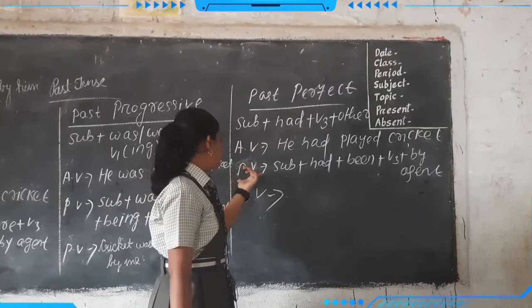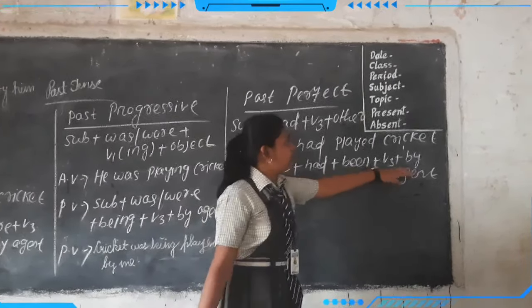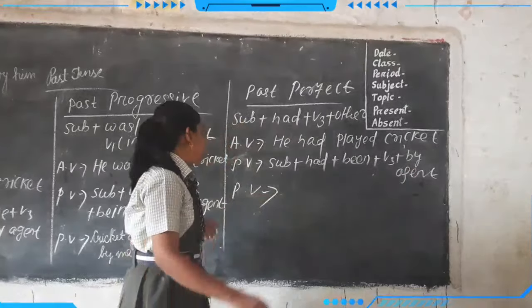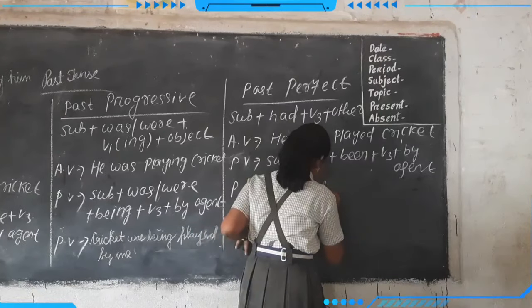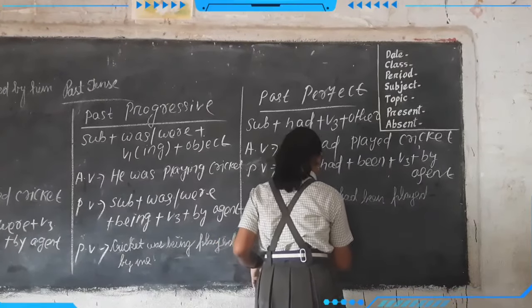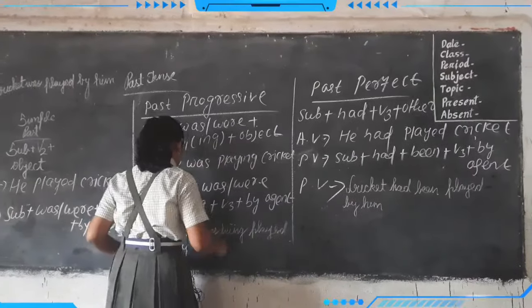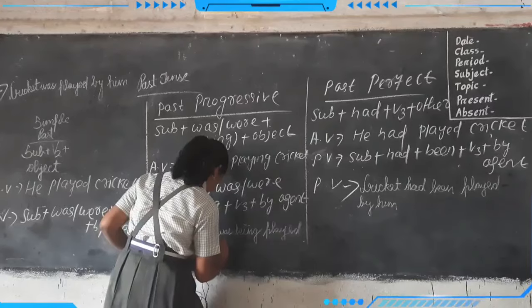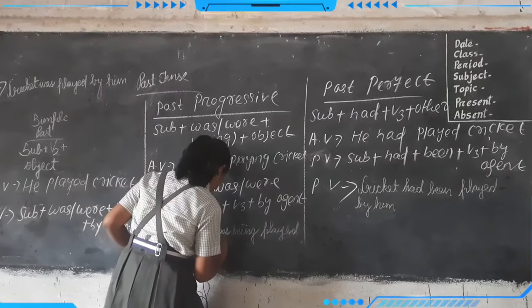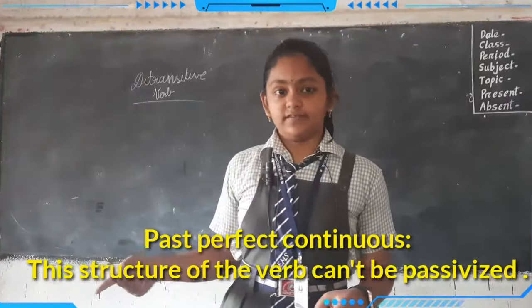In the passive voice, the structure becomes subject plus had plus been plus verb 3 plus by agent, and the example is cricket had been played by him. The past perfect continuous tense cannot be passivized.